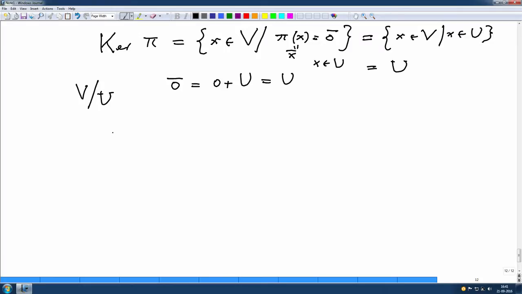Now I want to apply the rank theorem. The rank theorem says, I want to apply it to this map pi from V to V by U. For this I am assuming V is finite dimensional.